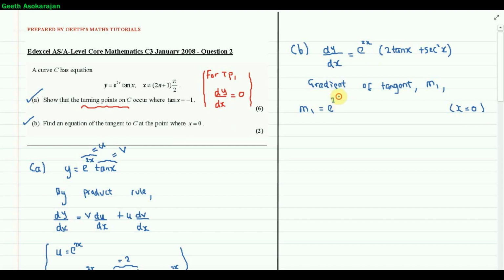That should give us e to the 2 times 0, inner bracket 2 tan 0, plus, and in trigonometry, sec is the reciprocal of cos, so sec squared will be 1 over cos squared x. So it's going to be cos of 0, and don't forget to square that.